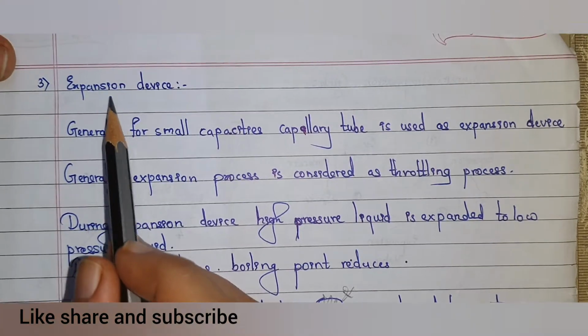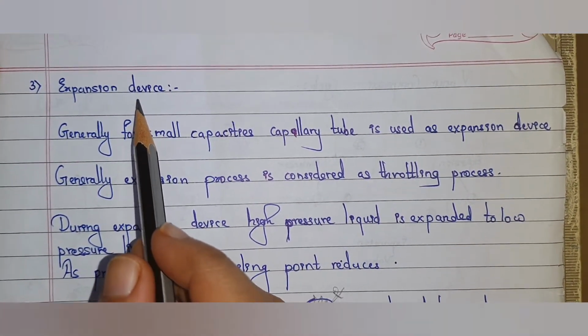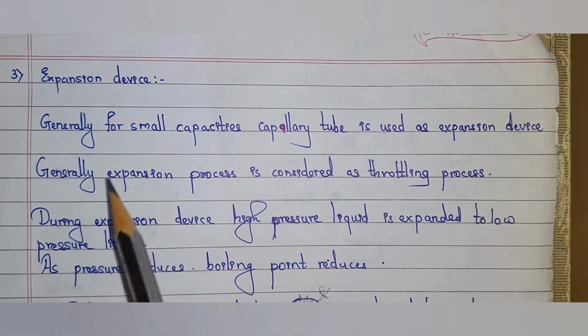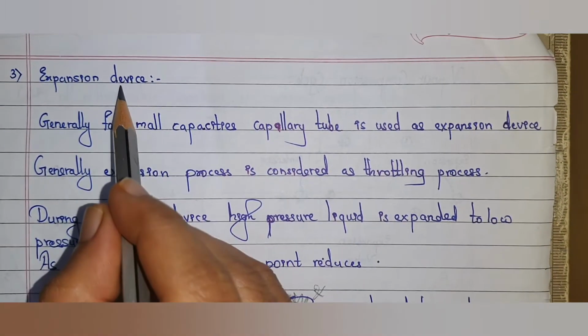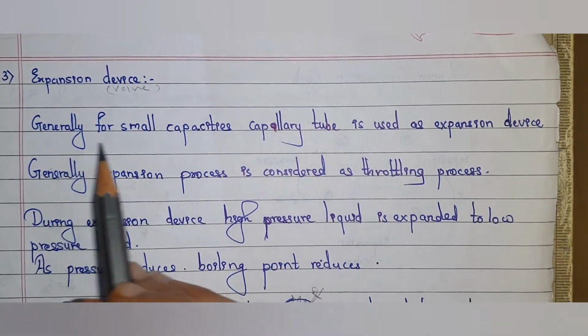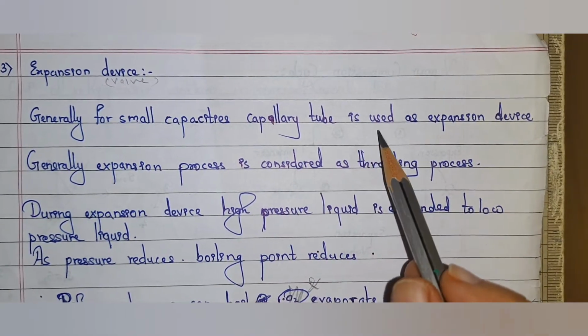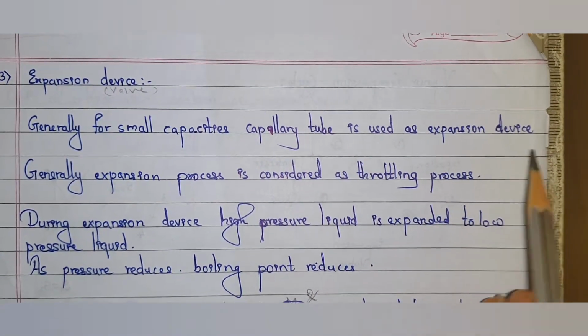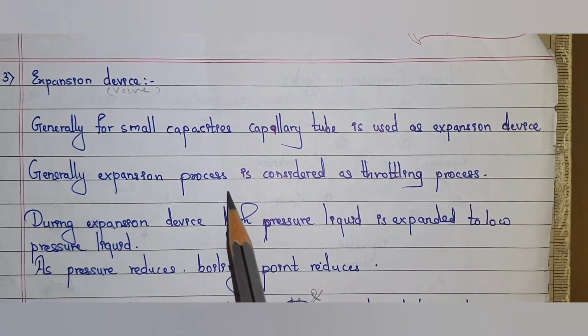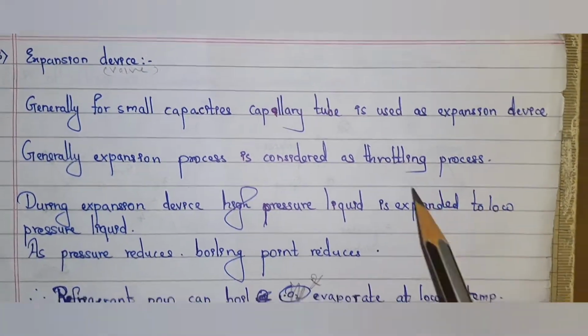Now our third component of the vapor compression cycle is the expansion device. It is also called the expansion valve. Generally for small capacities, a capillary tube is used as the expansion device. Generally, the expansion process is considered a throttling process.